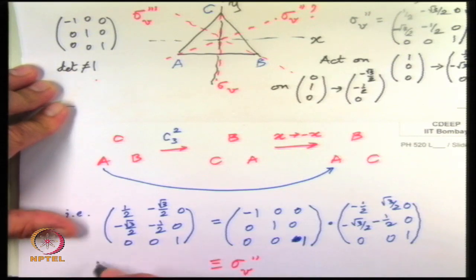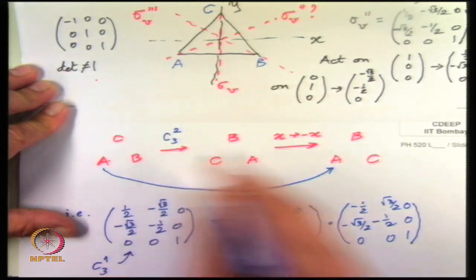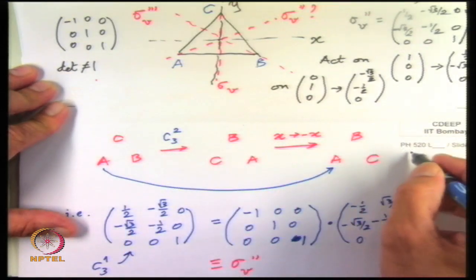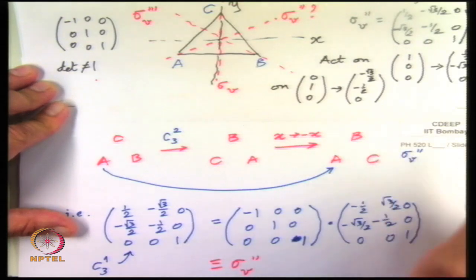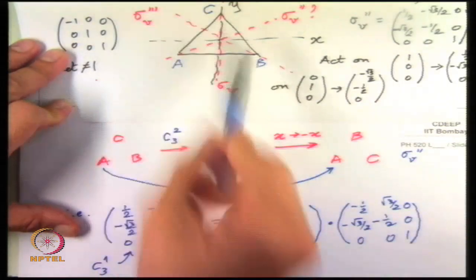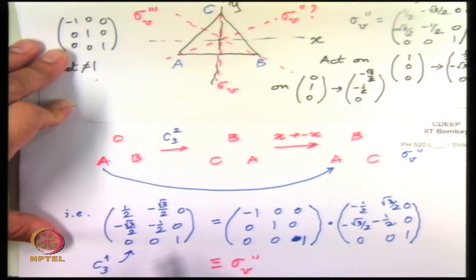So that is the only problem. This is called C31. If we do C32, then we get sigma V double prime, which is flipping C and B. If we start with C31, it should give you sigma V triple prime.